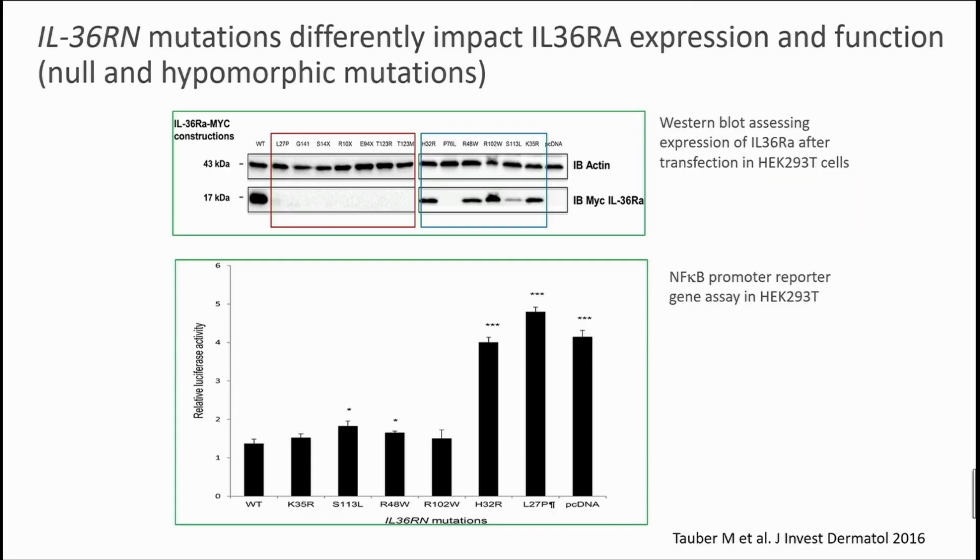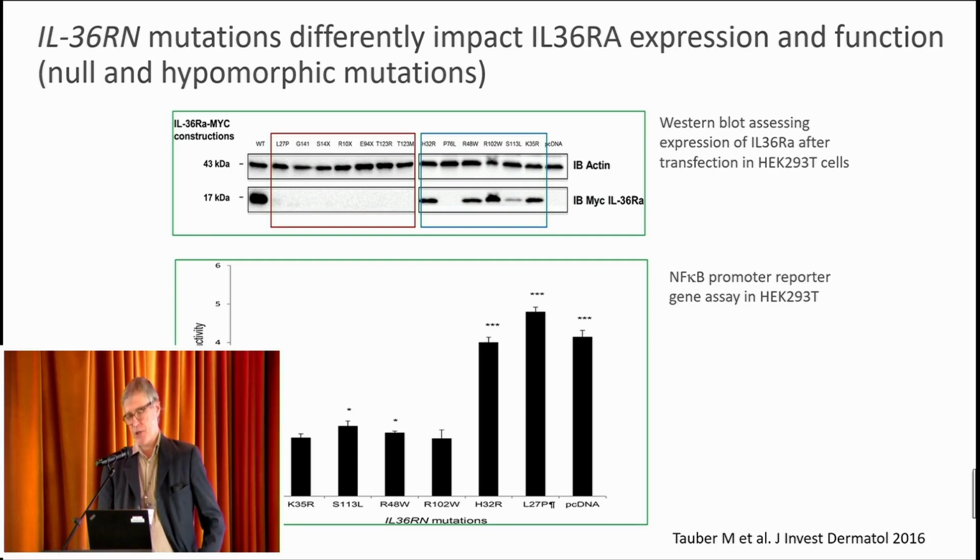So this is from a paper we published 7 years ago, showing that there are some new mutations. This is basically a Western blot assessing the expression of IL-36 receptor antagonist. So we reproduced by site-directed mutagenesis the mutations of IL-36RN gene that were in the public domain.